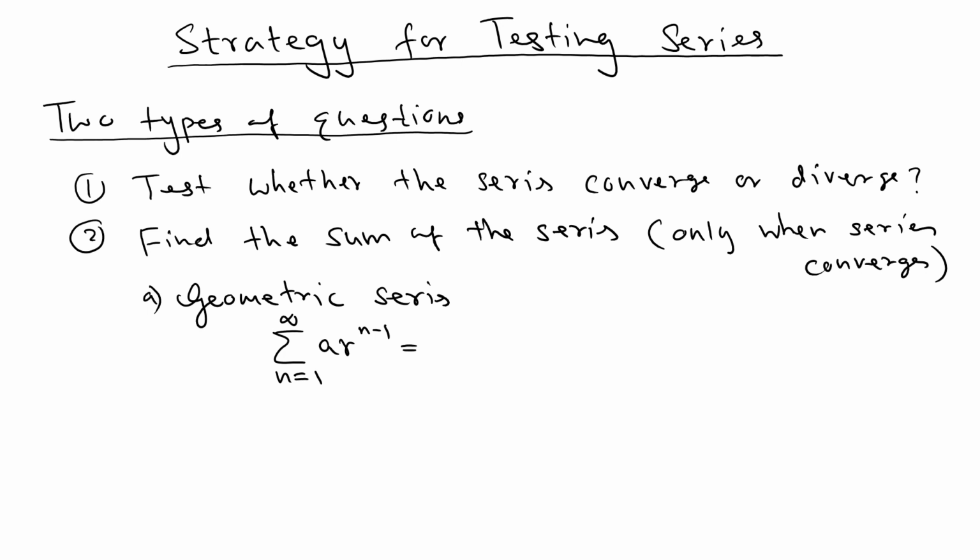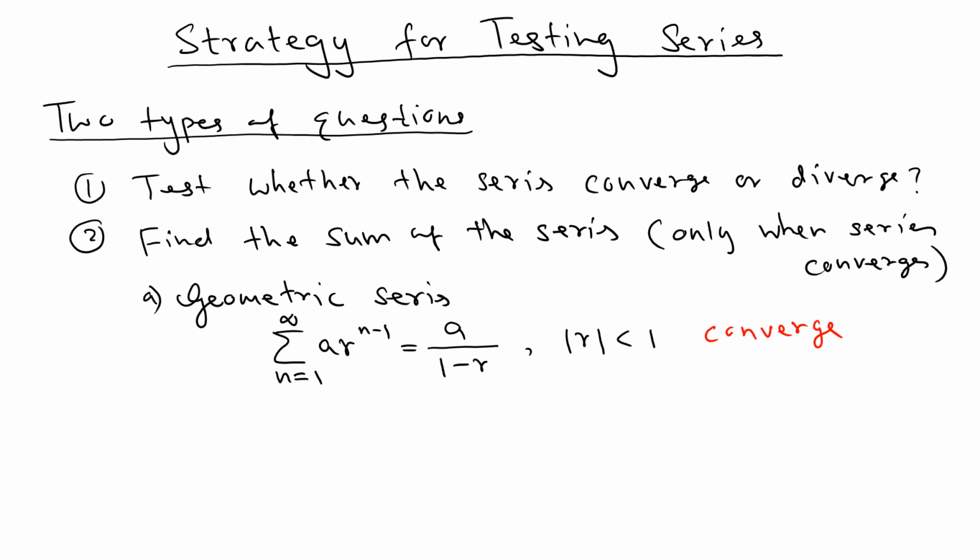You get a r to the 0, and r to the 0 is 1, so that's a. The sum is the first term divided by 1 minus r. This happens when the absolute value of r is less than 1. In this case the series converges, and it converges to a over 1 minus r.